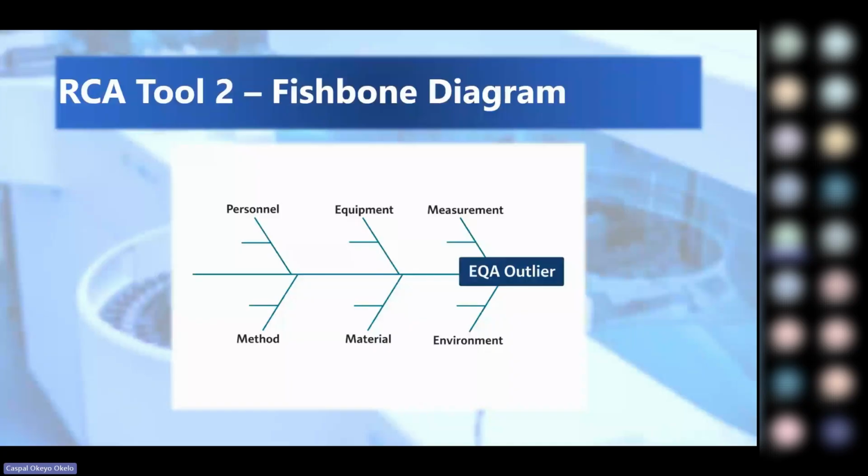So instead of asking why repeatedly in a straight line, using the fishbone tool, we explore categories of possible causes. In the laboratory setting, we have six useful categories that we explore with the fishbone diagram: personnel, equipment, method, materials, measurement, and environment.